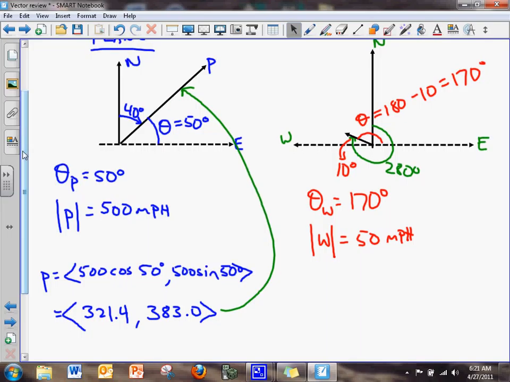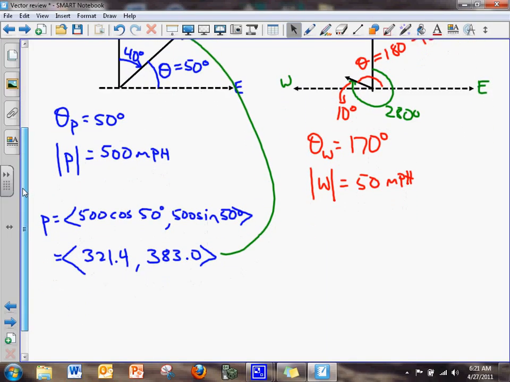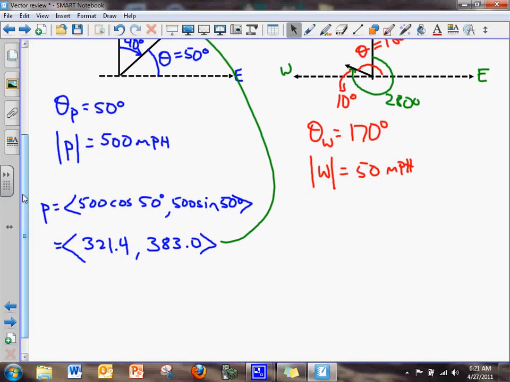All right, the wind vector, the components of that little short vector right there, use the same formula. I totally messed that up. I cannot go through the whole video without a mistake.